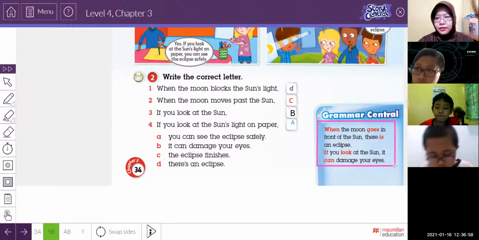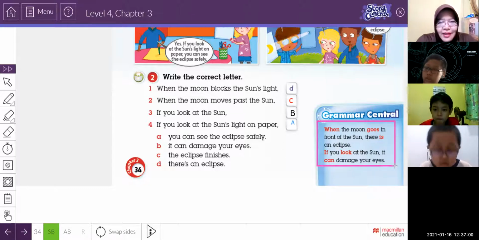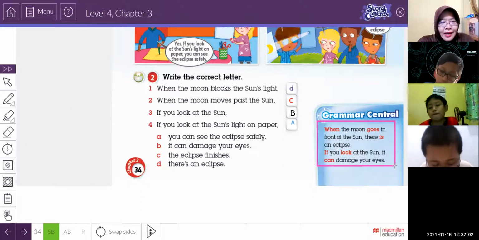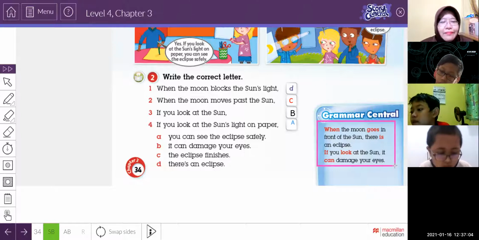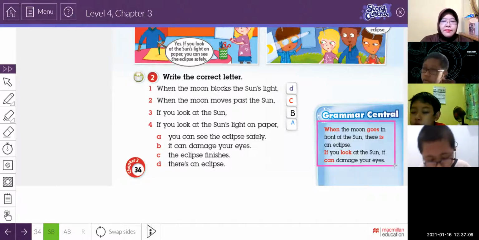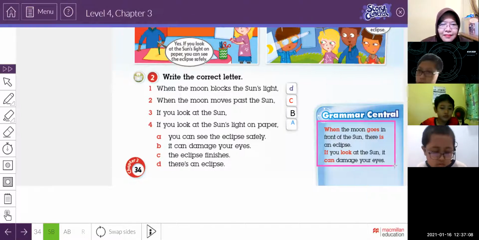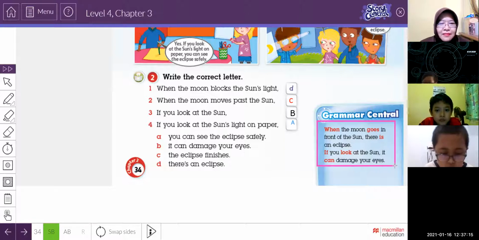Okay. What's the difference anyway when you use when and if? What does it mean with when?